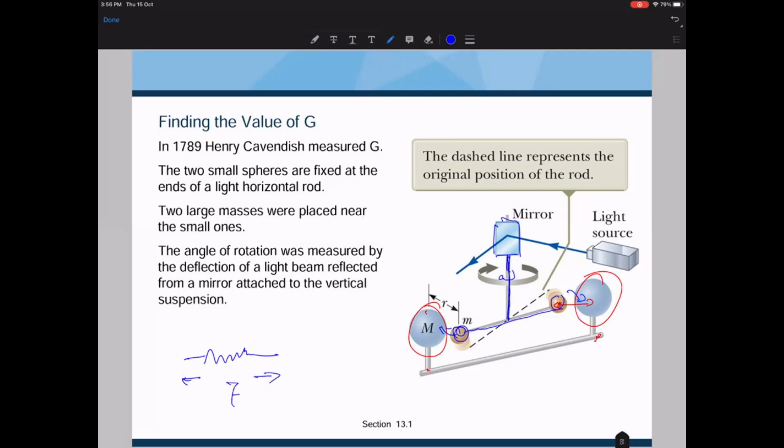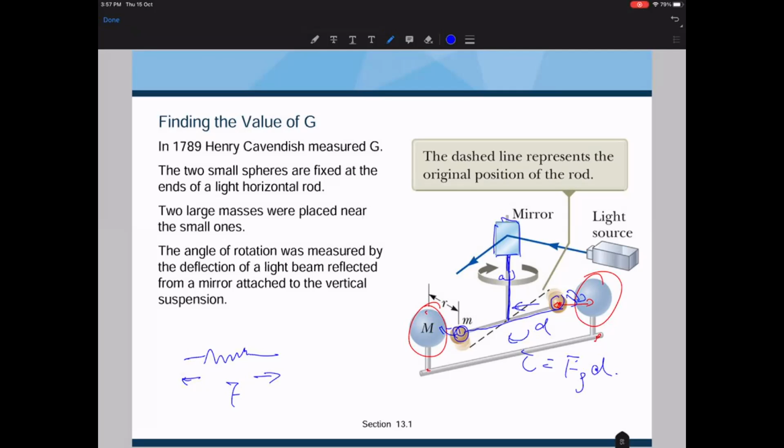You need a force to extend the spring, and you need a torque to twist the string. And this torque is calculated by the attractive force, the gravitational force, times the moment arm, say the D. Just a quick explanation without going into the details.